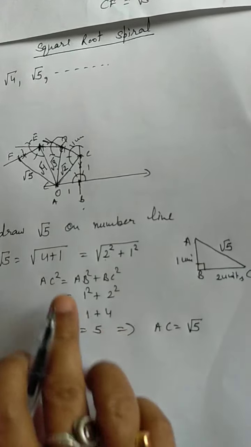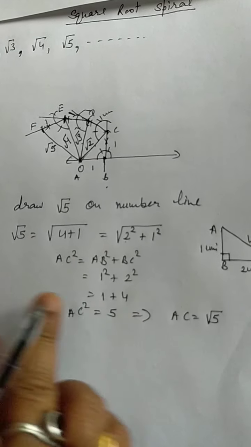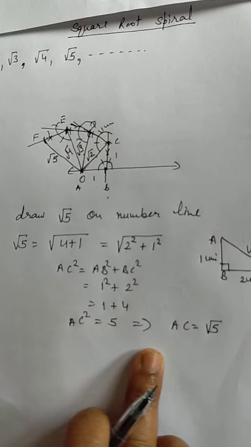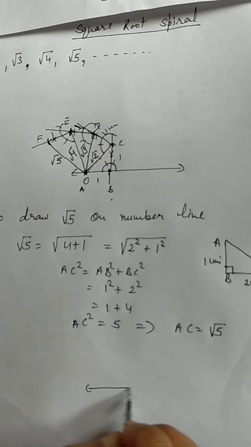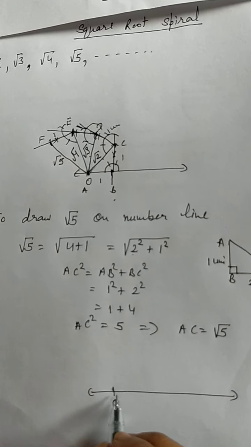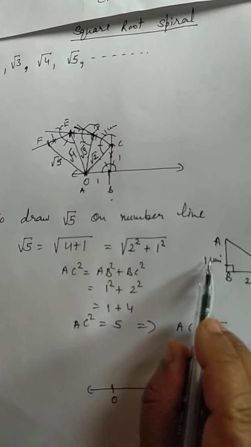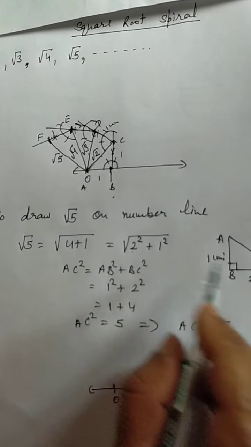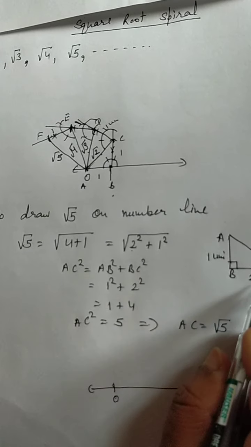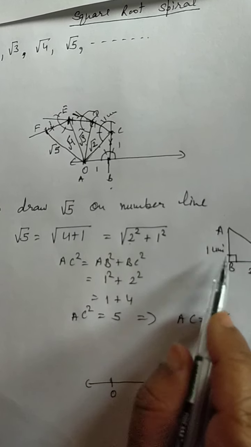So by using this concept, we can draw square root 5 on the number line. How to draw? You draw the number line. At one end you mark 0, and you consider 1 unit as base and 2 units as the perpendicular side. This is another way, taking base as 2 units and perpendicular as 1 unit.